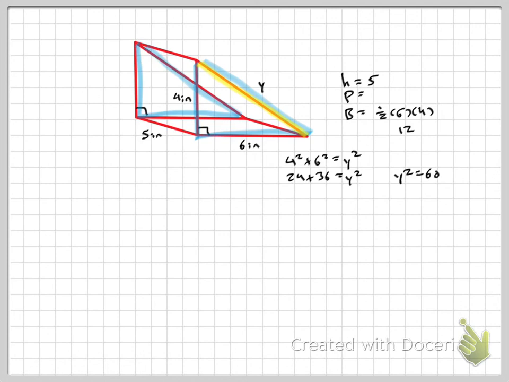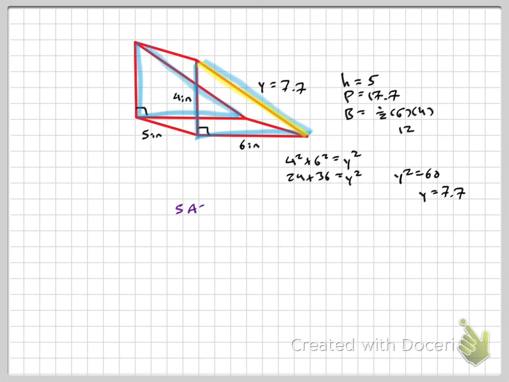And because we're doing surface area, we're going to go ahead and get the decimal amount of that. I'm going to take the square root of 60, so my hypotenuse length is 7.7. So then my perimeter is going to be 4 plus 6 plus 7.7, or 17.7. And once I have that information down, I can now use my formula.